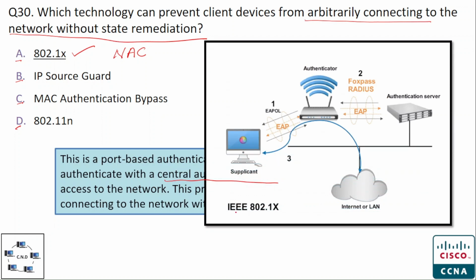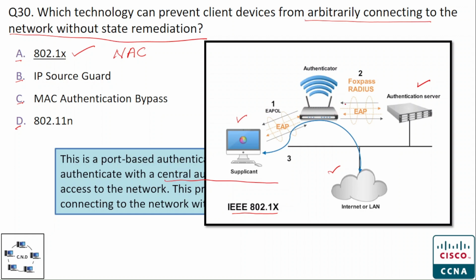So this is how IEEE 802.1x works. This is the switch, the device with which this client wants to connect, and it basically wants to access the internet or LAN. When the device wants to connect, we have a centralized authentication server.